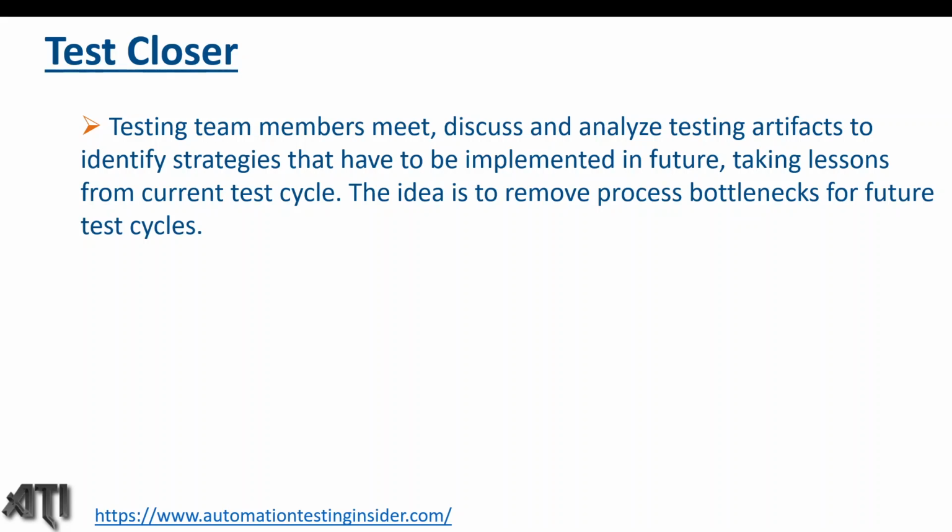Once the testing phase is done, the testing team meets together and discusses and analyzes the testing results, like what went wrong and what we can improve going forward. Taking lessons from the current test cycle, the idea is to remove process bottlenecks, the problems which we faced during the current test cycle, for future test cycles.